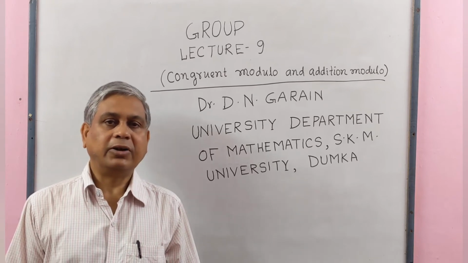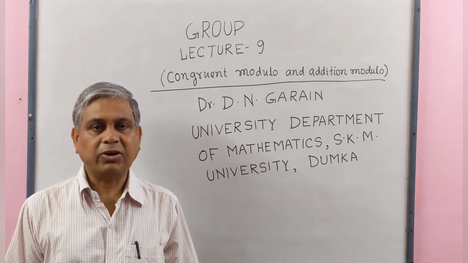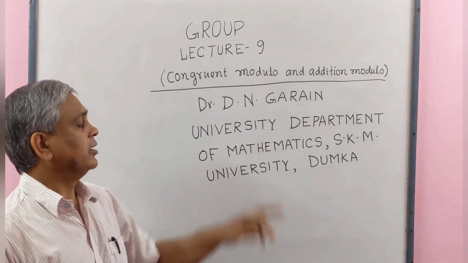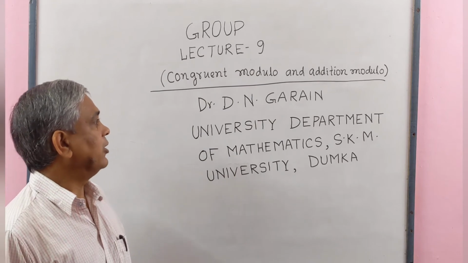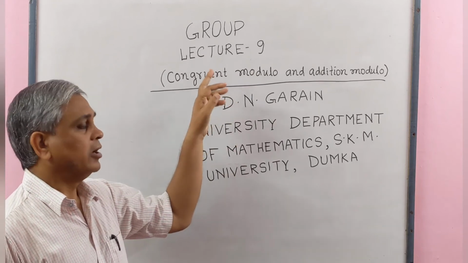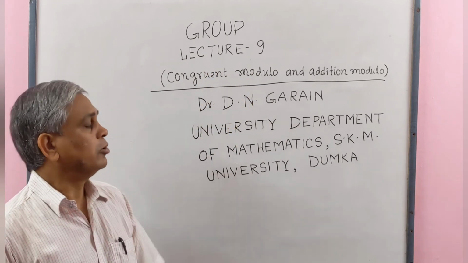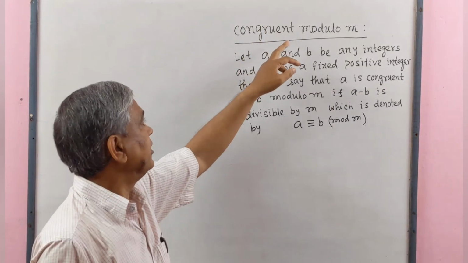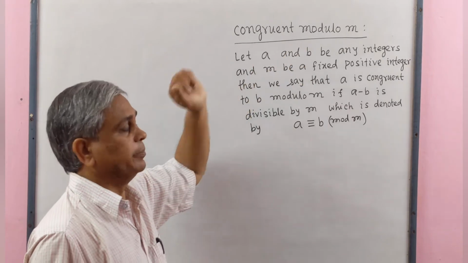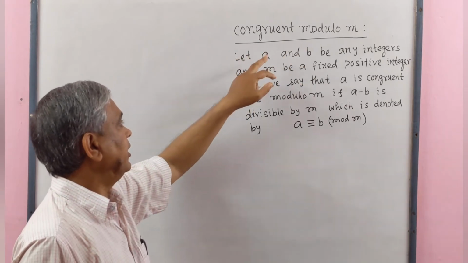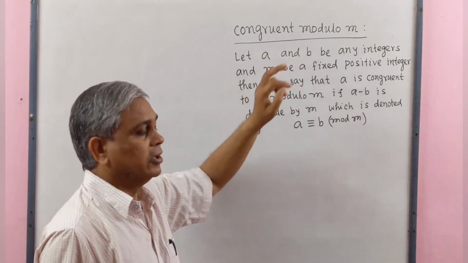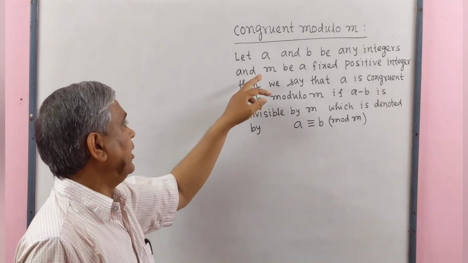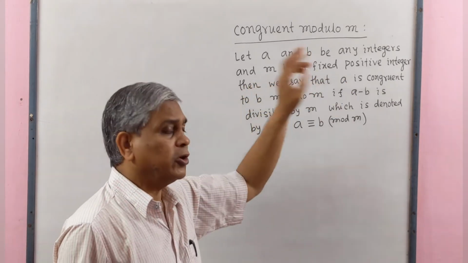Today I will deliver lecture on group lecture number 9, in which I will discuss congruent modulo and addition modulo. Now we define congruent modulo M. Let A and B be two integers and M be a fixed positive integer.